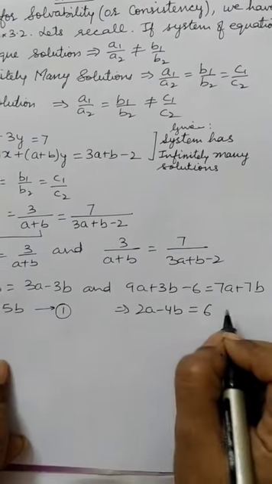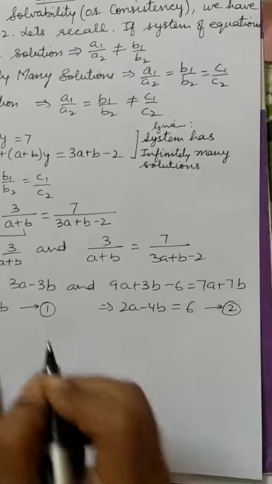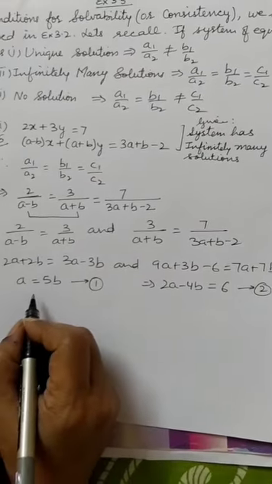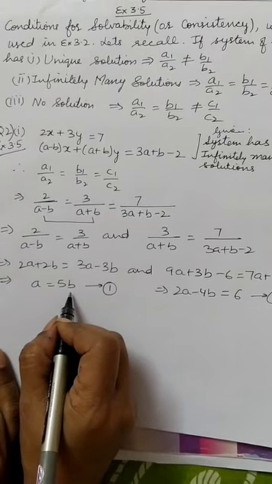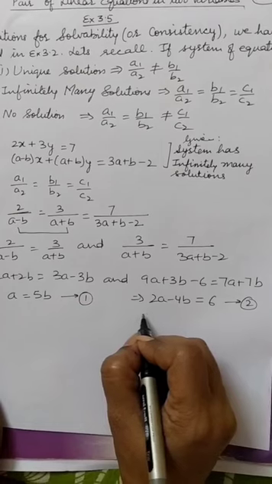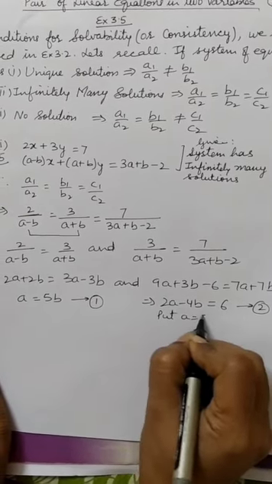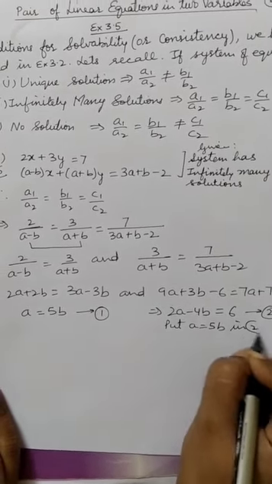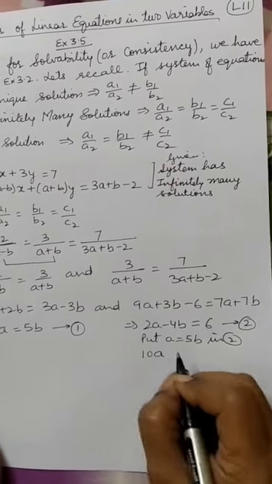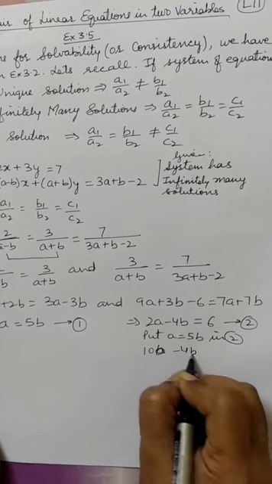So here we have got two linear equations in two variables, and the first one is in terms of the other, a is equal to 5b. So we can put this value of a equal to 5b in equation 2, and we get 10b minus 4b is equal to 6.